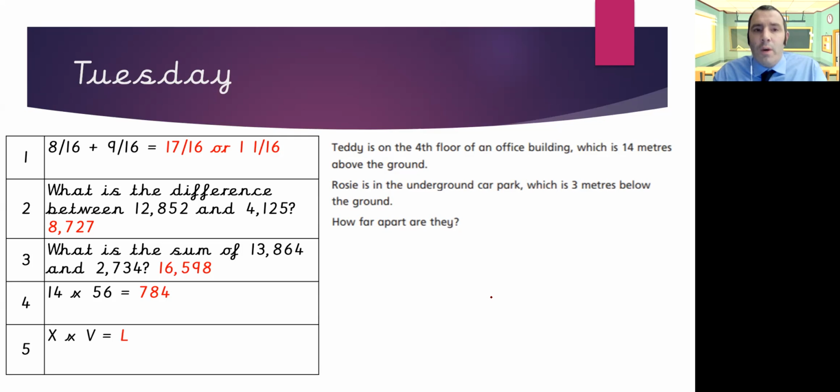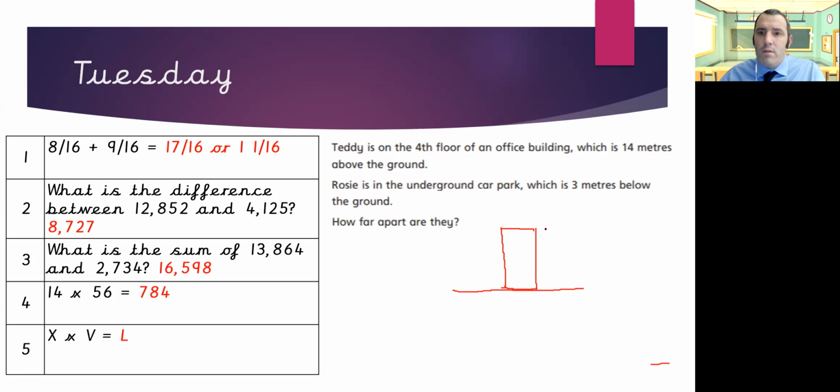Our reasoning question for today. Teddy's on the 4th floor of a building, which is 14 meters above the ground. So I'm going to draw myself a little diagram to help me here. So we have our building and we have our ground.